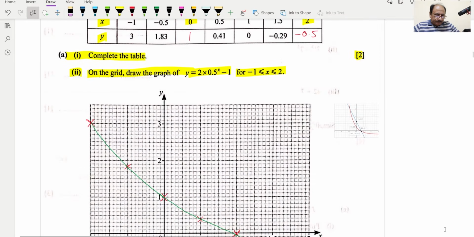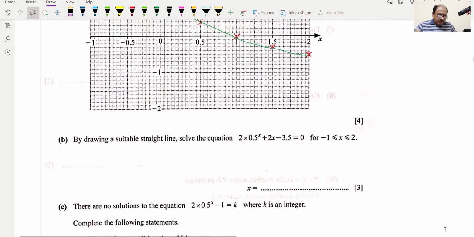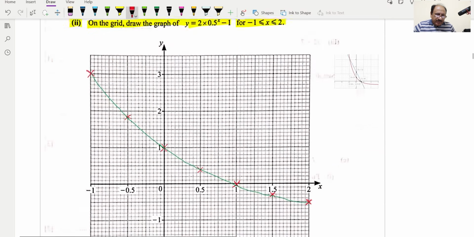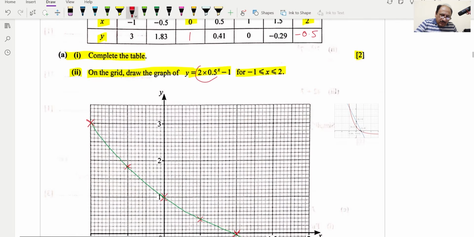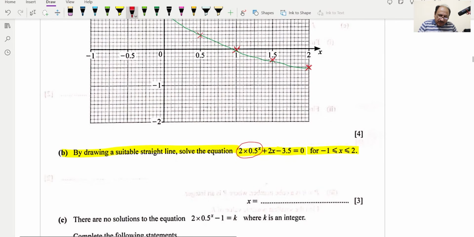Now the next thing is, by drawing a suitable straight line, solve this equation, which is equal to zero for this range. From this one, this portion is the same as provided in y, but the minus 1 is lacking. If we add and get minus 1 with this, it will be our y value.